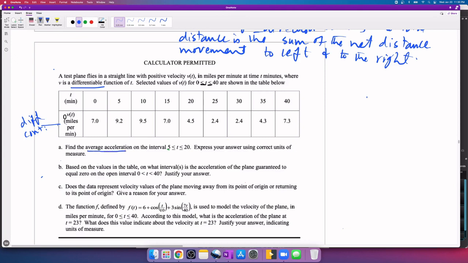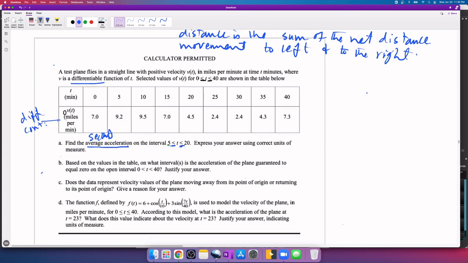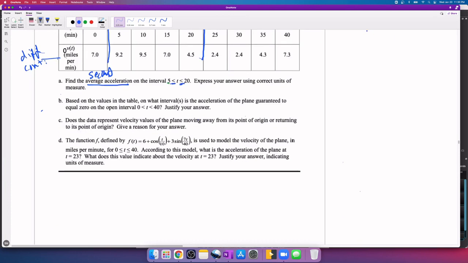Find the average acceleration. Average means a secant slope. Acceleration, so I'm looking for secant of velocity. So average acceleration means the formula should have v of 5 and v of 20, and I'm going to express units. So let's go to part A, 5 to 20.